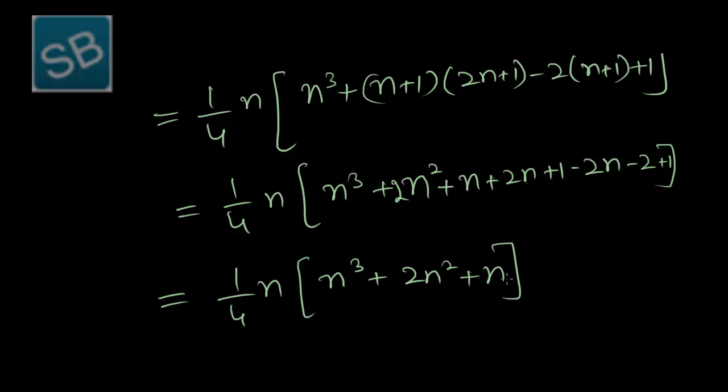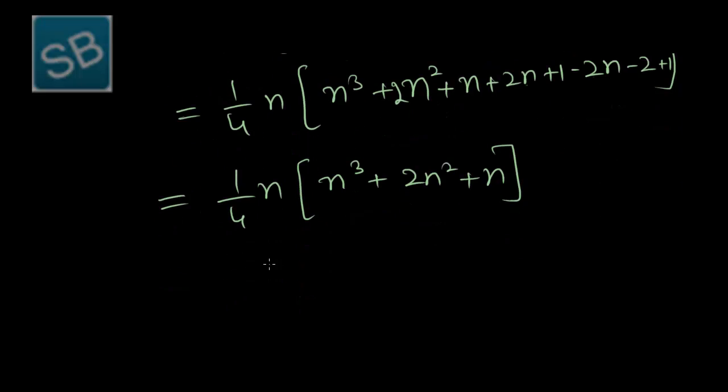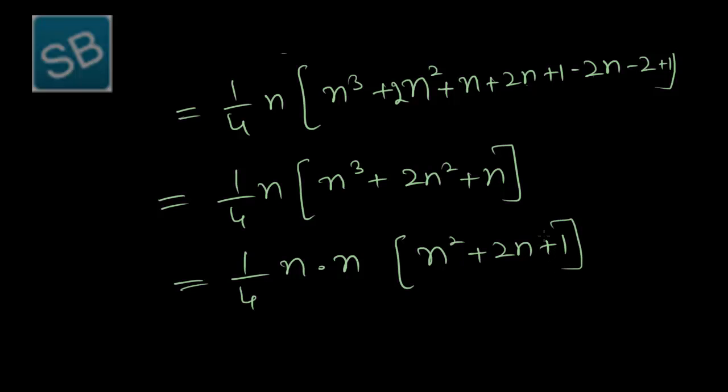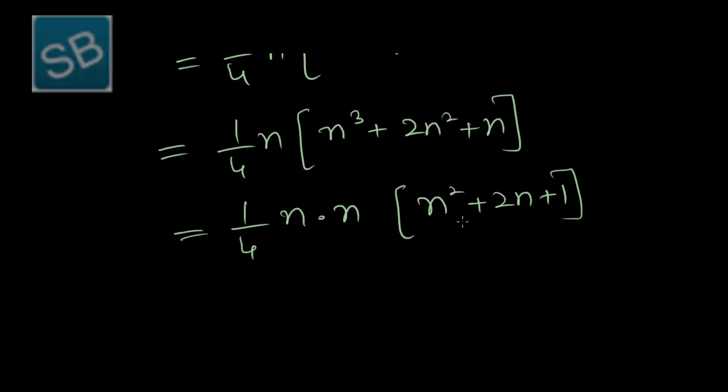So we get these terms. We see n is again common out and we get n square plus 2n plus 1. This is in the form of (n plus 1) whole square, a square plus b square plus 2ab. So we get 1 by 4 n square (n plus 1) whole square.